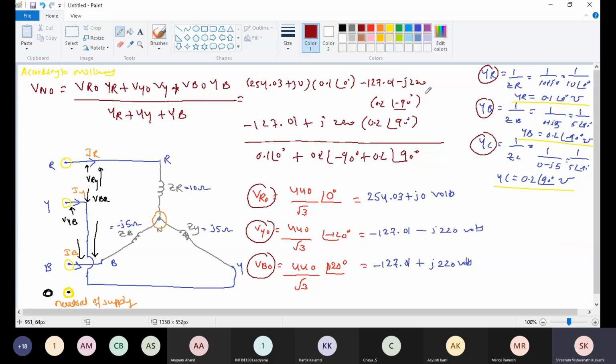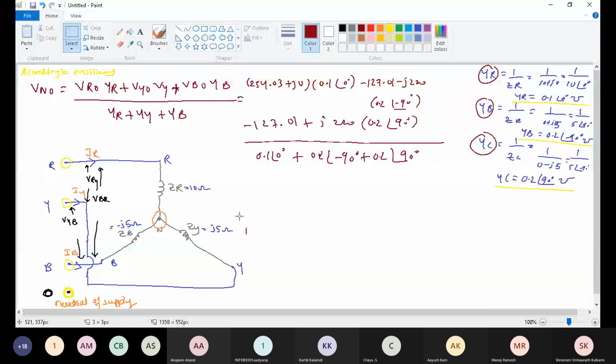Okay, after solving this, I'll get VN naught is equal to 626.